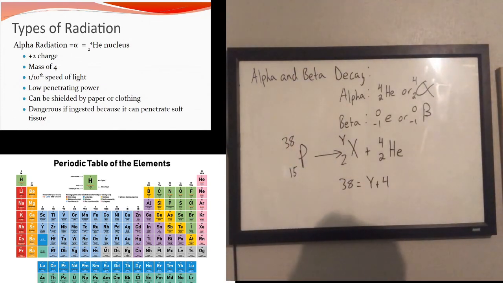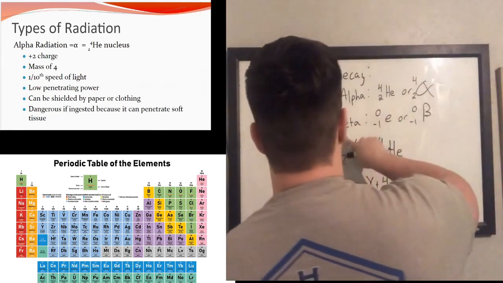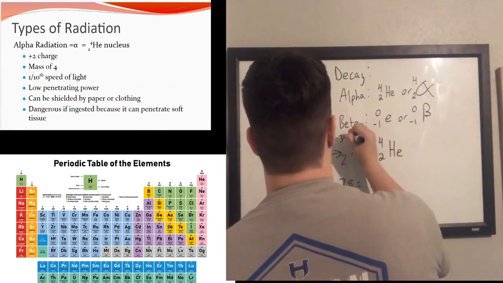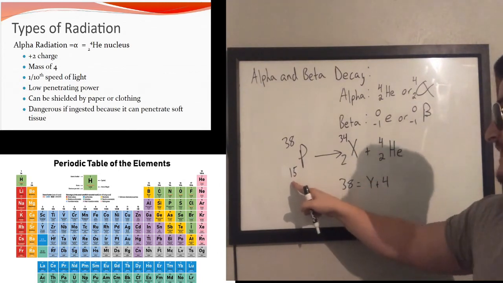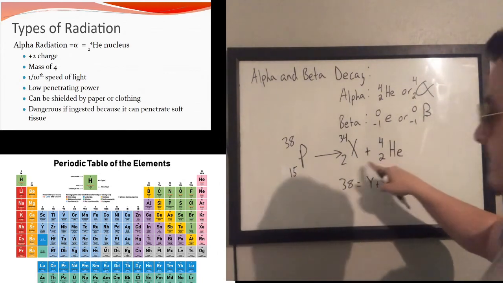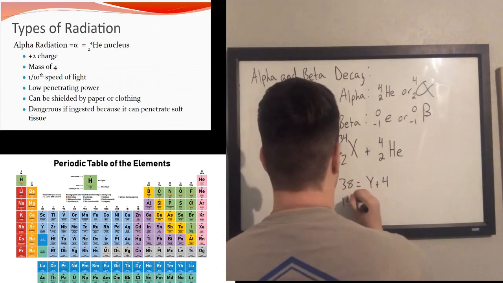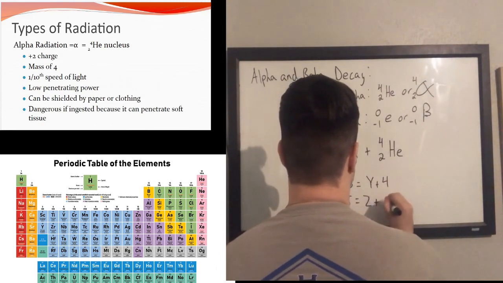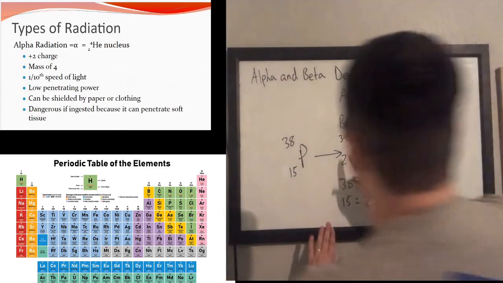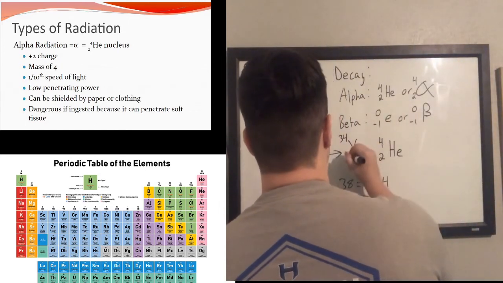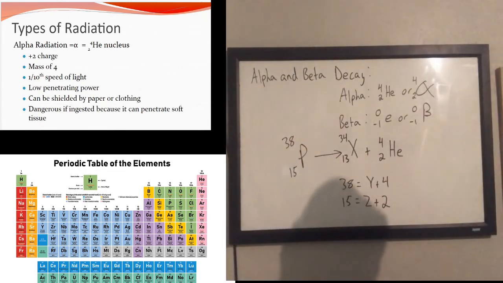Solve it in your head, ladies and gentlemen, and you get that Y must be a mass of 34. If I started with an atomic number of 15, and 2 of it is right here, what does Z have to be? Well, 15 is equal to Z plus 2. Goodness gracious, solve it in your head, and we find out that Z must be an atomic number of 13.